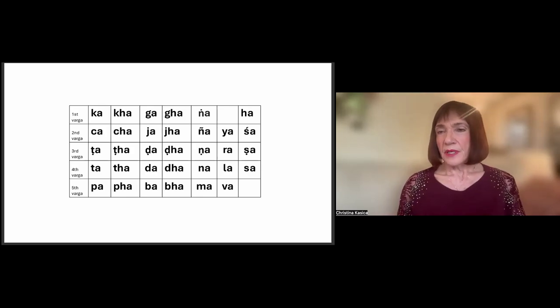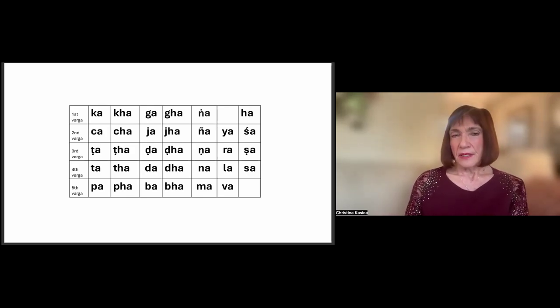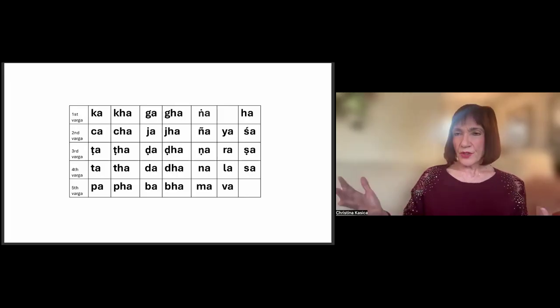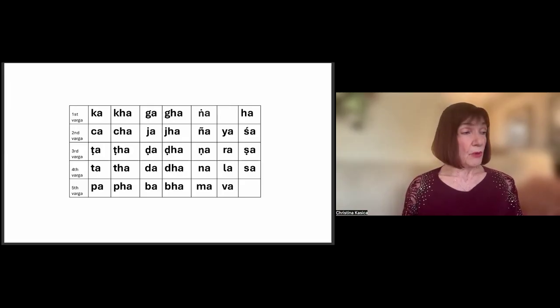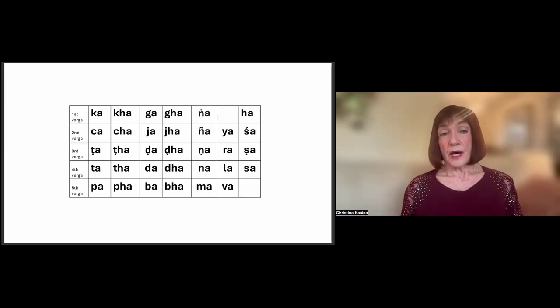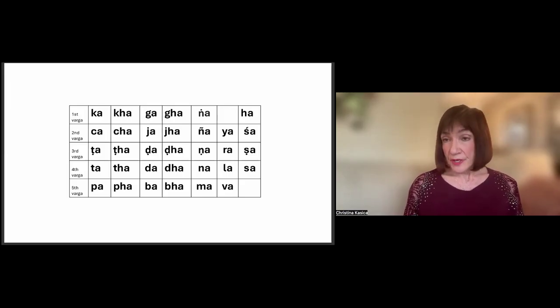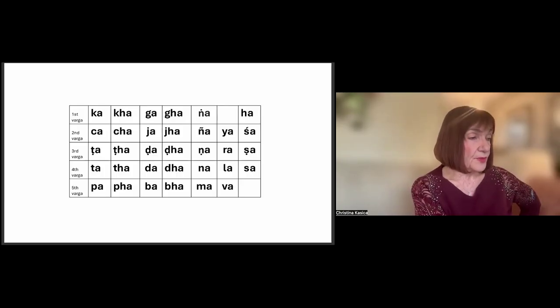But the ra is unique. The fourth varga, the dental, has no similar letter. So we can just have ra, and that is always going to be a semivowel, the same one. There's no option there. Whereas with the cerebral ta and the dental ta, there is an option, depending on where your tongue is. So does that make sense?